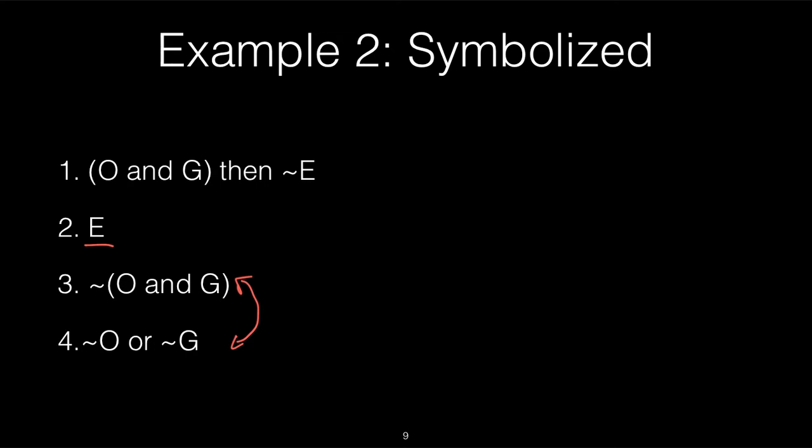Now, while this example deals with the problem of evil, about God, omnipotence, and the existence of evil, the form of the argument can apply to a number of different things. This is actually a generalized form of what we call a modus tollens argument. And modus tollens simply says this: if P then Q, where P and Q can be any premise, right?